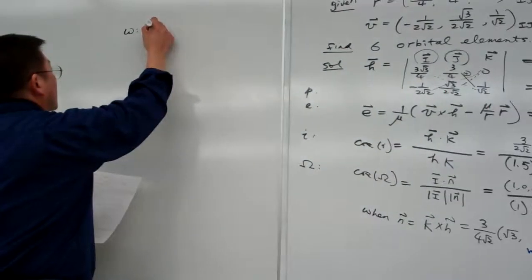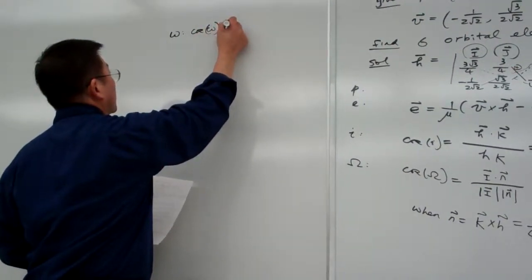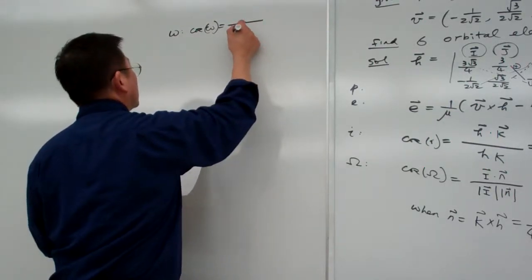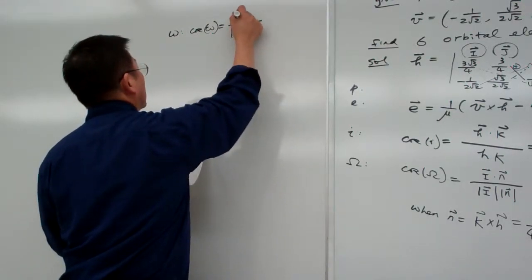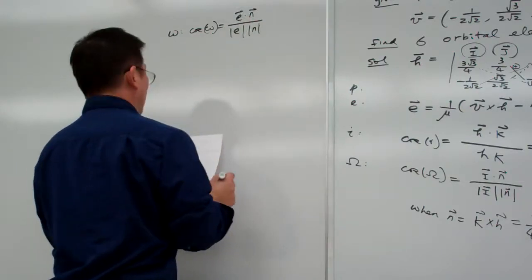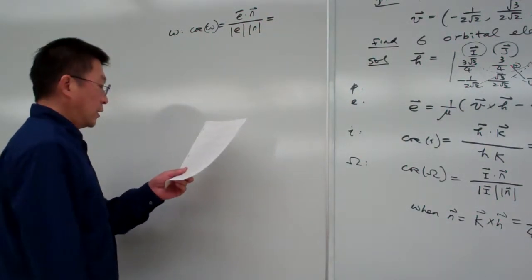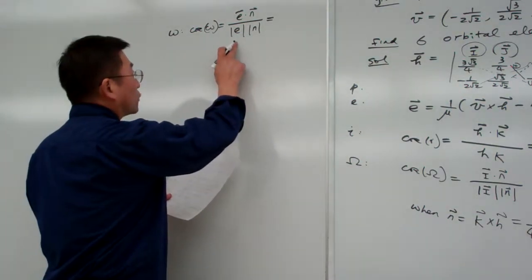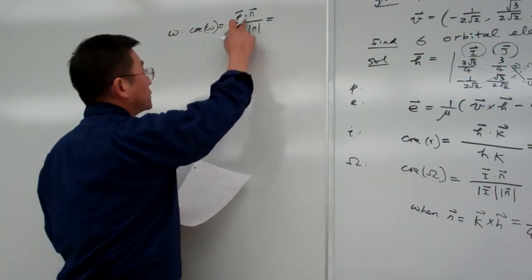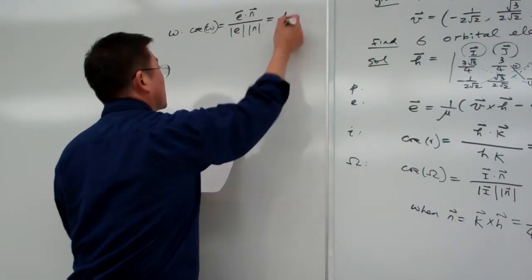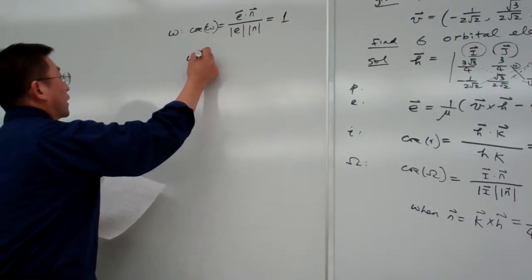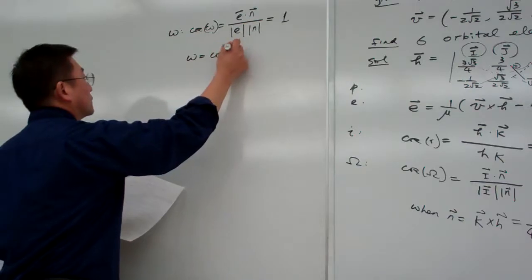Omega, and again, cosine omega equals E dot n over E n. Okay, so here we plug in all the numbers, and let me scale up the E equal to 0.5, and we calculate it. So basically here we have everything, so here is 1. So here omega equals arccosine 1.